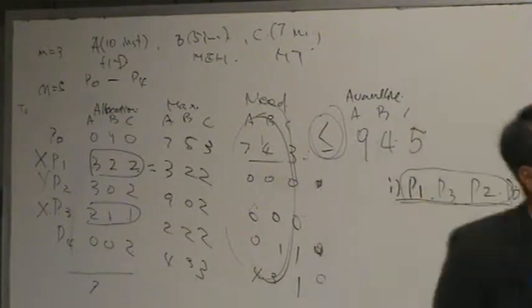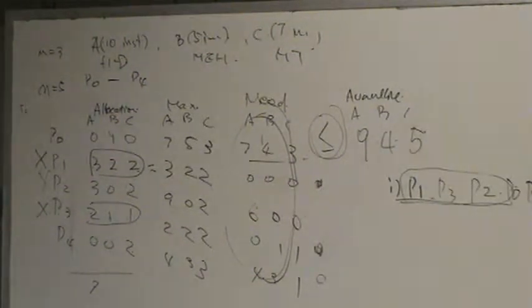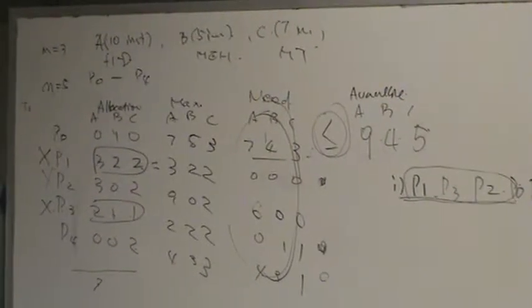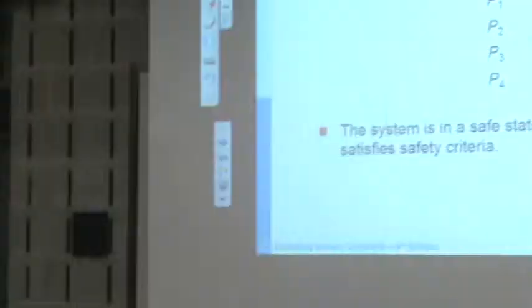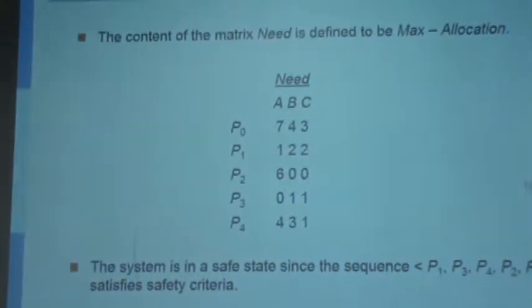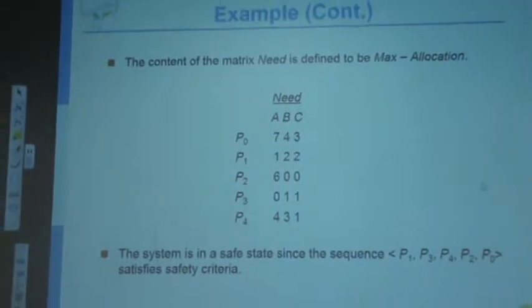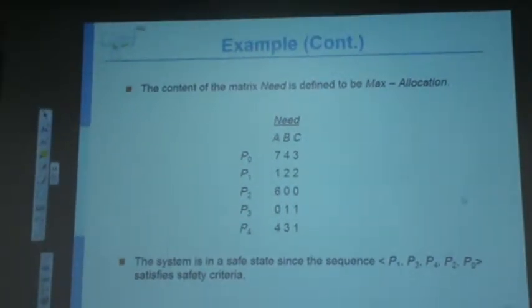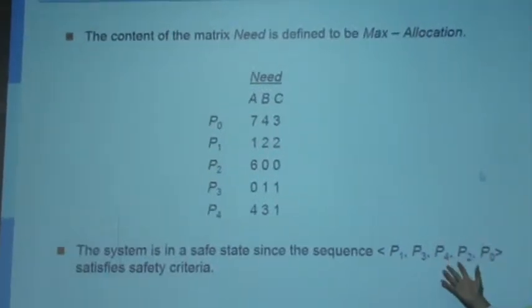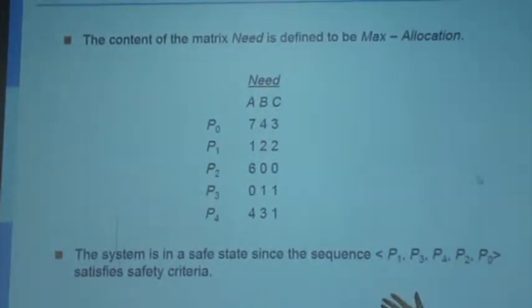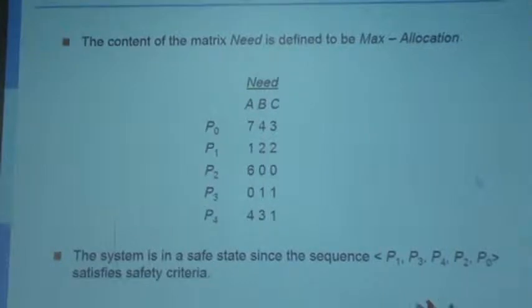Okay, so this is the Banker's algorithm. You calculate the need by the max minus the allocation. Is it the same as that one? Maybe different. It's okay as long as you can find the sequence of processes that keeps the safe state.